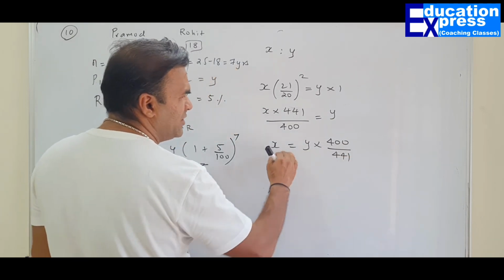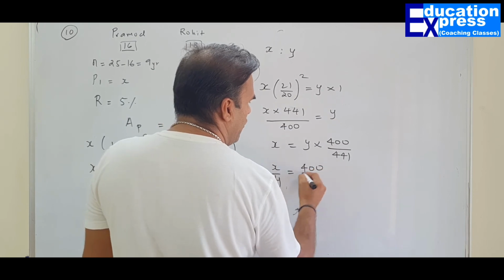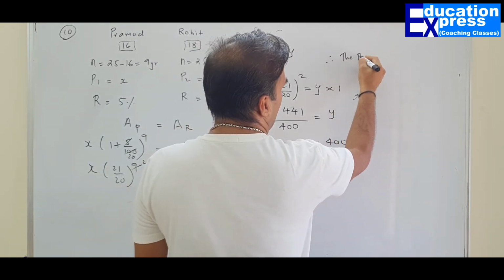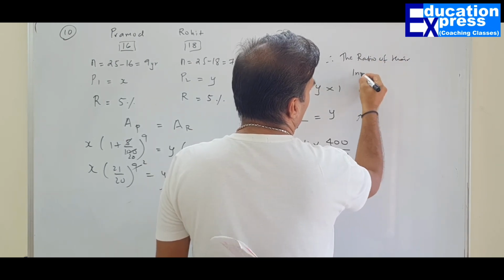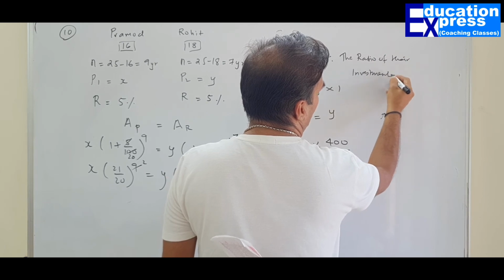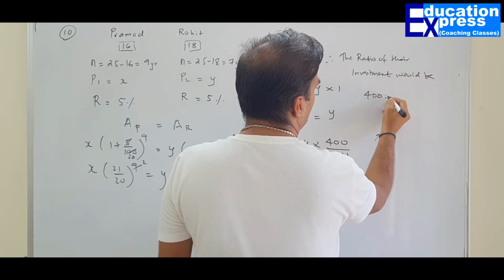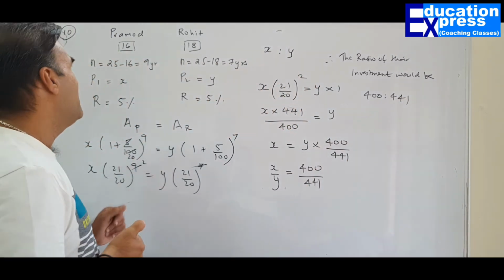Bring y on this side, so divide by y on both sides. So x upon y would be 400 upon 441. Therefore, the ratio of their investment would be 400 is to 441.